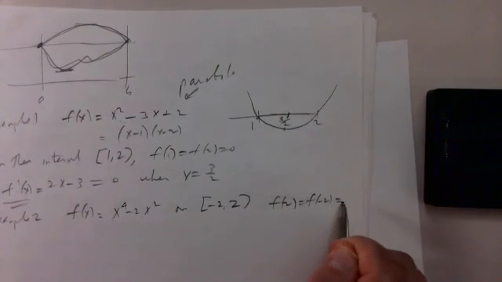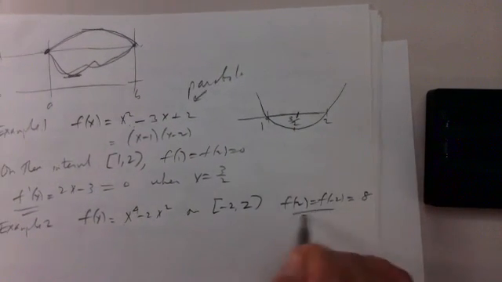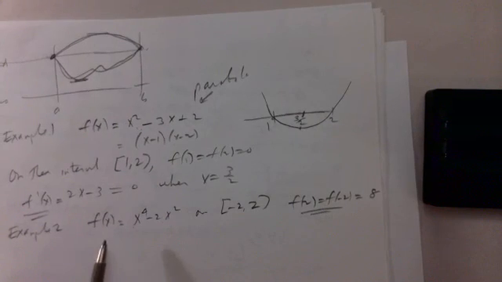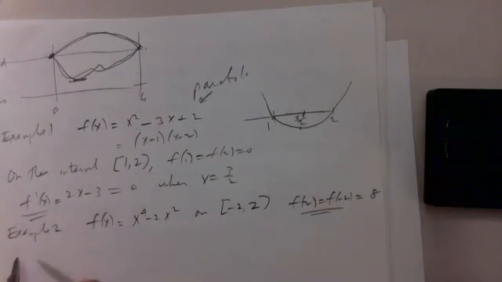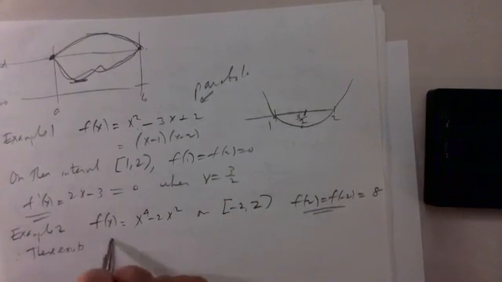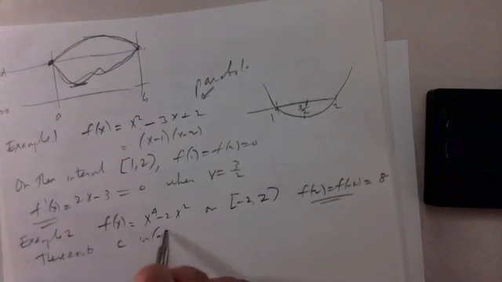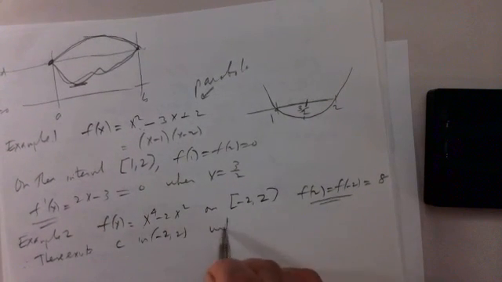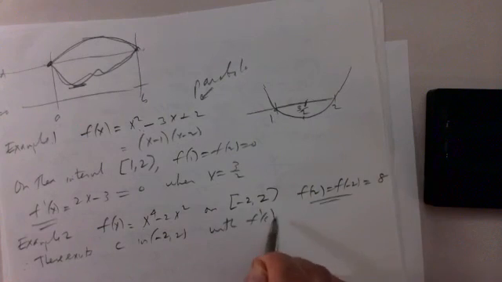So is f of minus 2. 16 minus 8 is 8. So f of 2 equals f of minus 2. So therefore, there exists at least one number c between minus 2 and 2 with f prime of c equals 0.